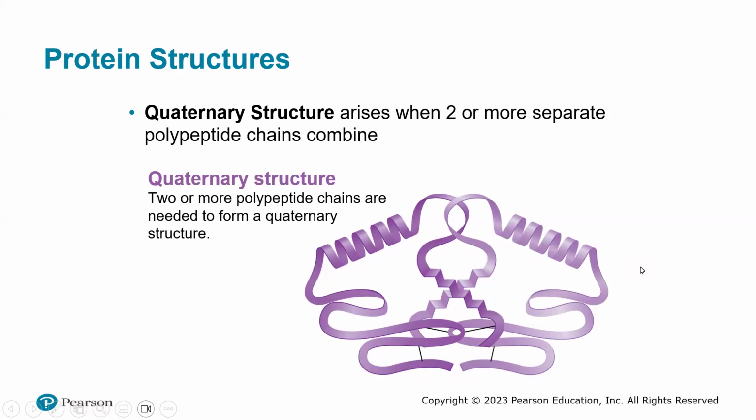Now, lastly, we've got our quaternary structure. Quaternary is when you have two or more polypeptide chains that come together. So you've got two polypeptides that have folded into the tertiary structure, and then they come together to form a protein that is in a quaternary structure.